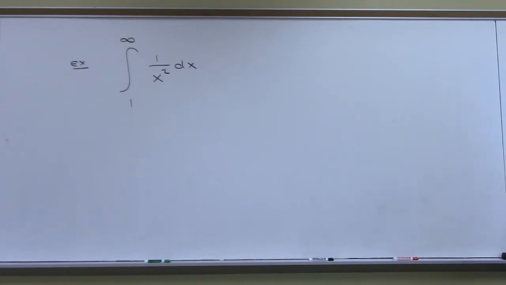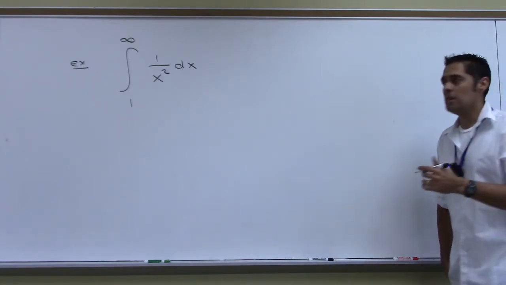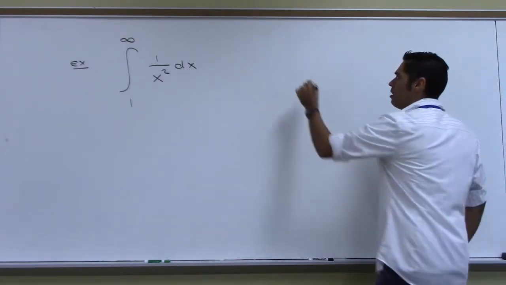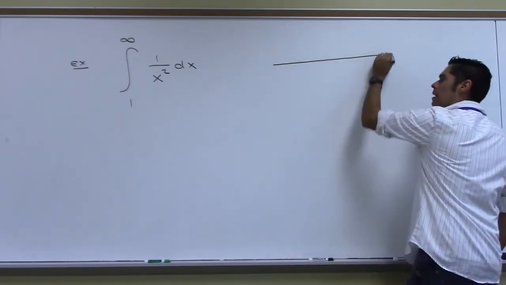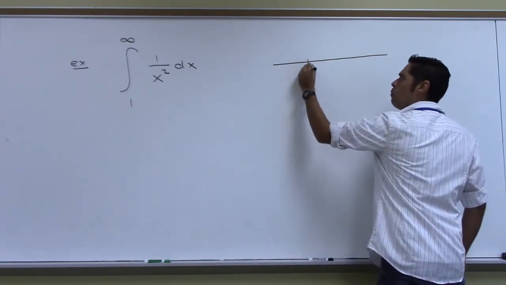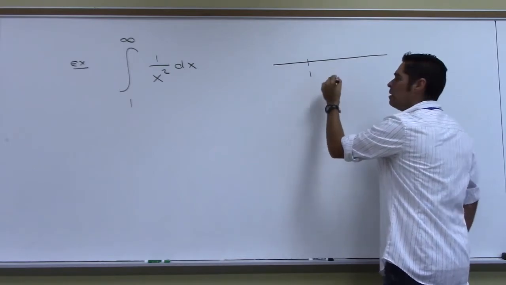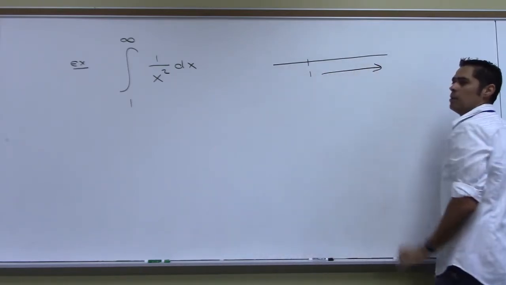What I like to do when I'm doing these improper integrals is first draw a number line and put my interval on it. I'm going from 1 to infinity, right? So I'm going from 1 out this direction forever.